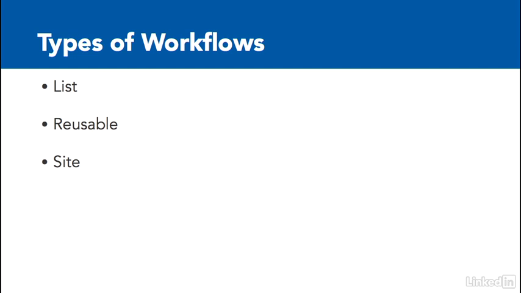The second type of workflow is called a reusable workflow. And we create reusable workflows using either Visual Studio or SharePoint Designer, a free tool that we can use to work with SharePoint. And a reusable workflow is exactly what the name implies. It's a workflow that does something basic that we want to do in many places in the enterprise. So it might, for example, be a workflow that says, take this document and put it in a particular library.